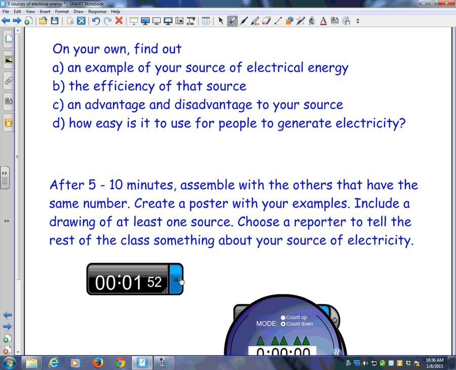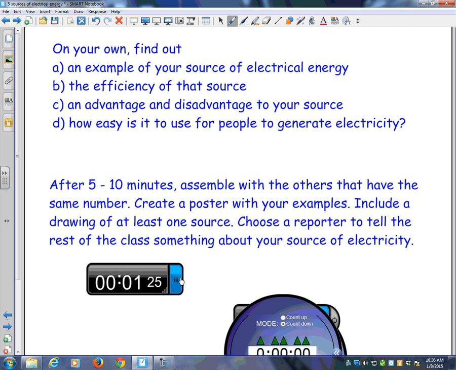So basically, I want you to describe what thermoelectric is, and it is a direct conversion of temperature difference into electricity. In other words, it usually works with two metals side by side.